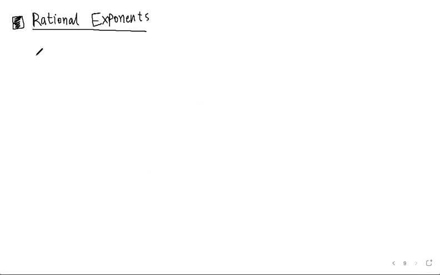I know the rational numbers look like r equals m over n, such that m and n are integers and n not equal 0. This is the definition of a rational number.